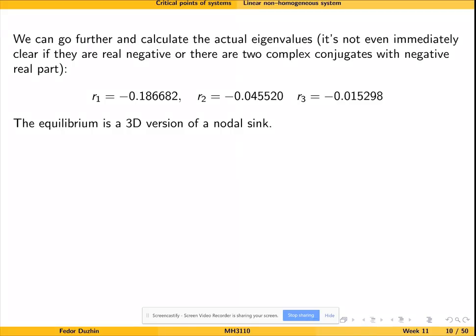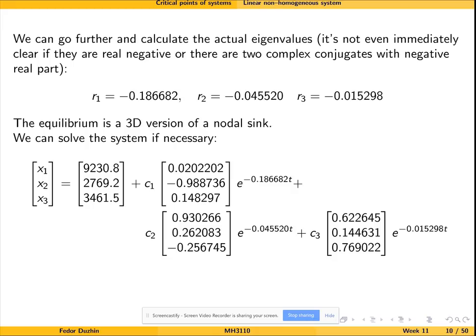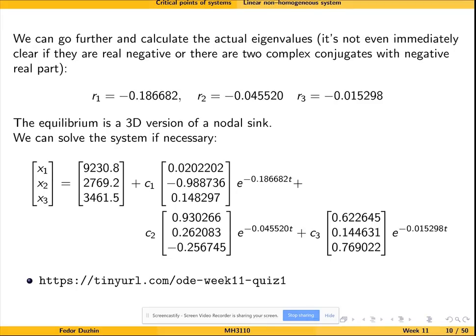There are going to be three eigendirections, and all the trajectories are going to converge towards the equilibrium, but they are going to align along one eigendirection near the equilibrium and along another one far from the equilibrium. And if you want to solve it, here is the solution. And now it's time to stop and do the first quiz.